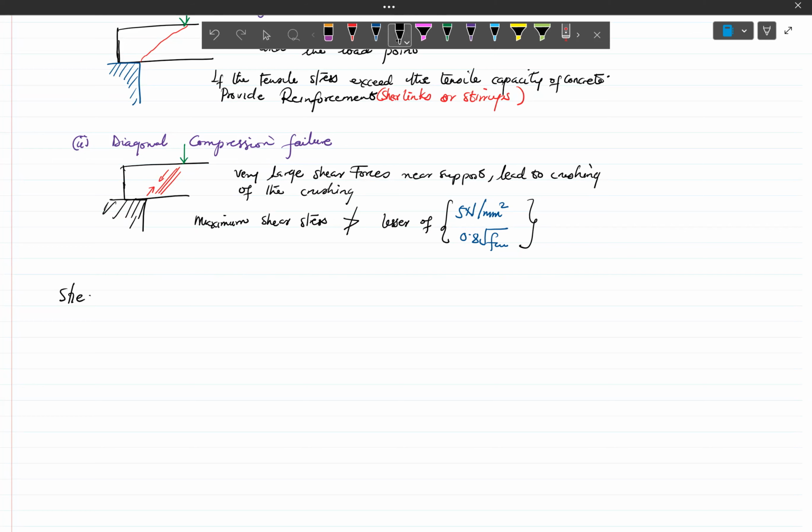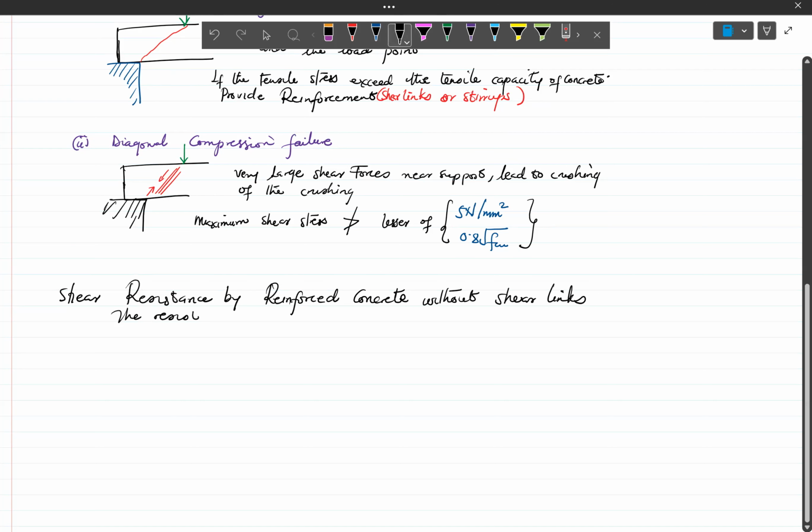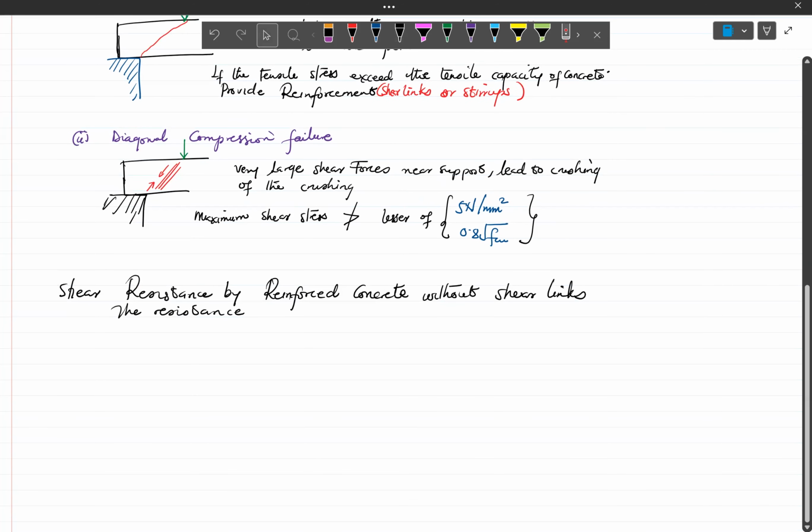So let me say shear resistance by reinforced concrete without shear links. Okay. And the resistance can be achieved by three. I think I mentioned there are three main ways by which we can provide that resistance.